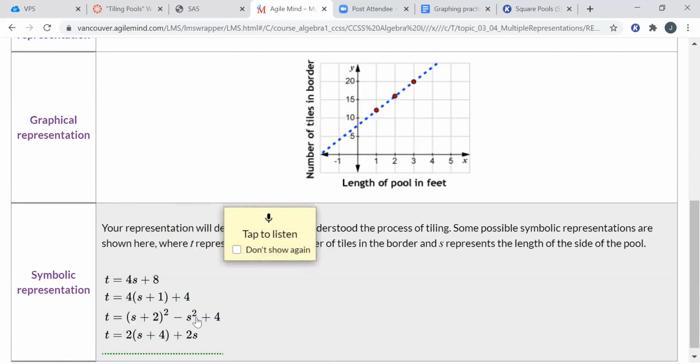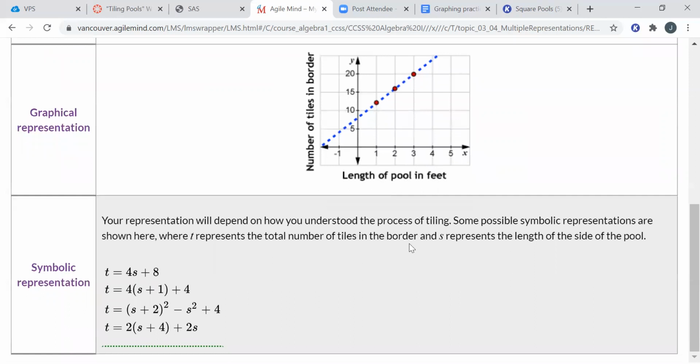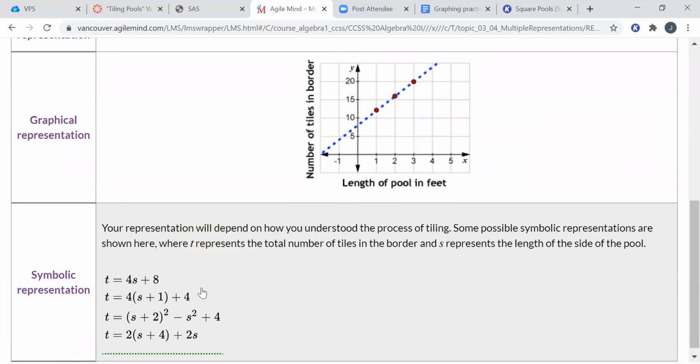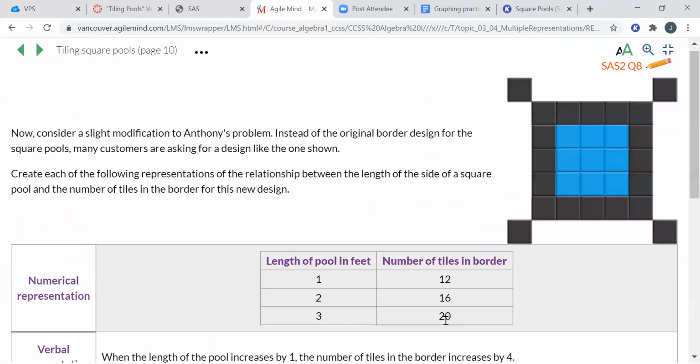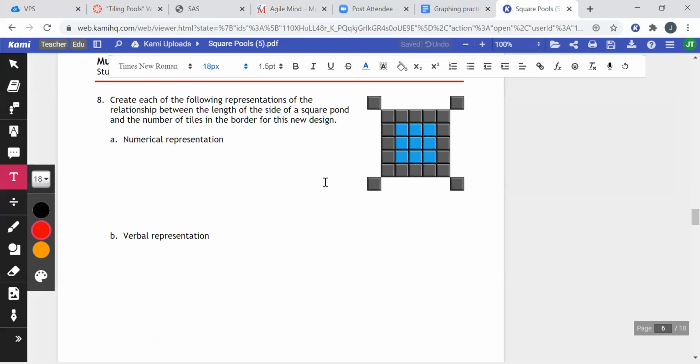The third one is a very, very fancy way to do it that I doubt anyone would come up with, but this is another way you could also come up with a formula and count the squares, and it will also work. And then this one is without as much distribution. So these are all formulas that would work for this. Okay, the first one is the one that I would probably shoot for first, but the other ones are also legitimate. Okay, so these are the answers.